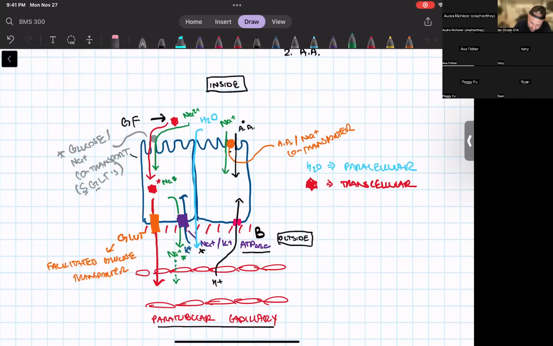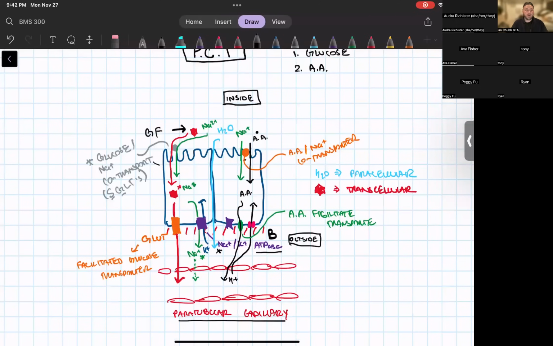That sodium will then use an ATPase to get out. And then we'll have a specific channel on the basilar side that is an amino acid facilitated transporter. So now we can take that amino acid and put it into the blood.